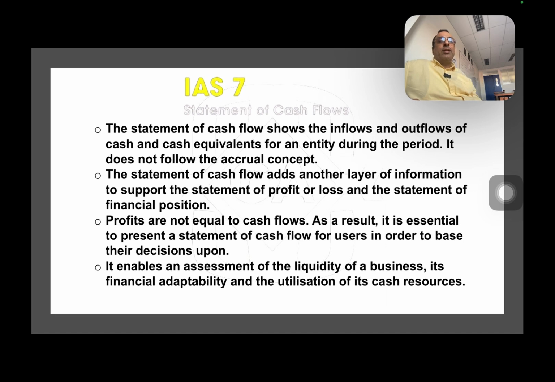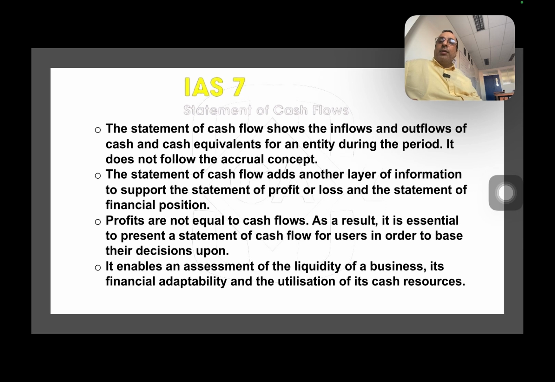In this way, it tells us a very important fact that profits and cash flow are never the same. If we have made a profit of, say, $200,000, it does not mean that we have that cash in hand.